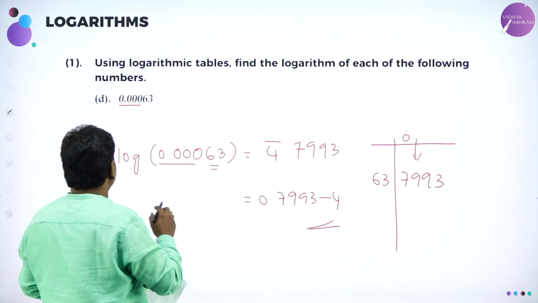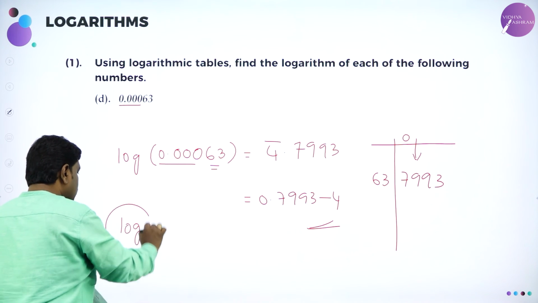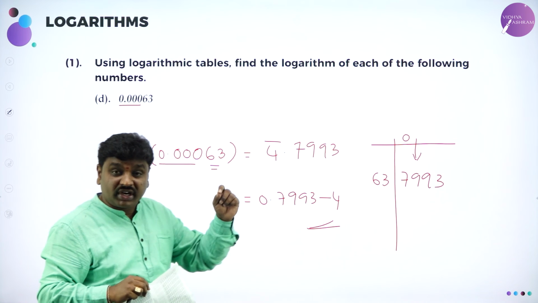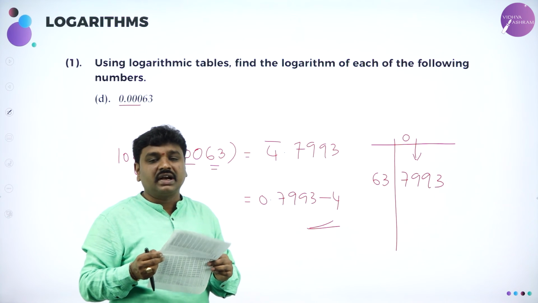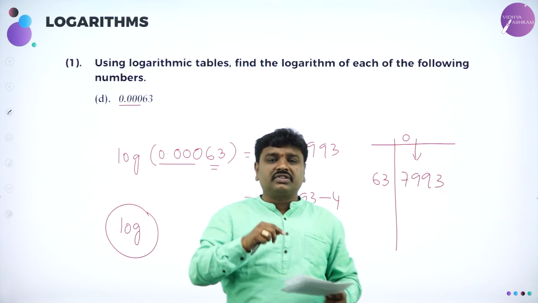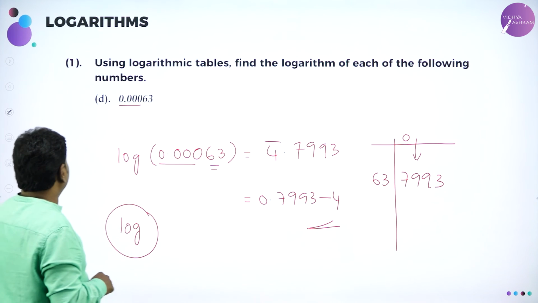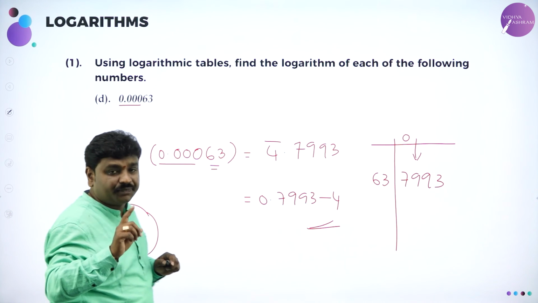So today I explained only how to find log. Still, I have to teach you how to find anti-log. In the same class, I will not disturb you. First, my dear students, recollect the same 4 problems with worked examples so that the process becomes easier. So now, I taught you how to find the characteristic.